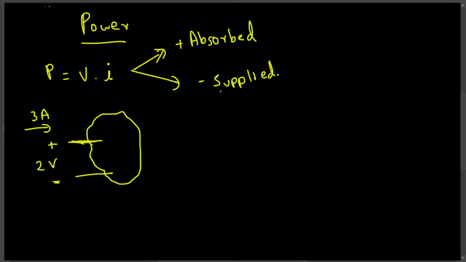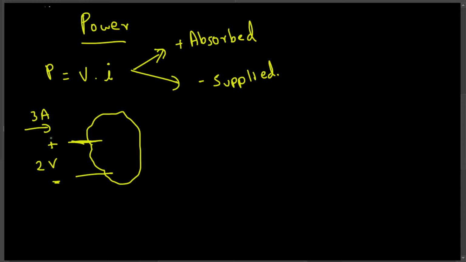If we have a positive current passing through the positive voltage, then we are going to get a positive value, that's absorbed. Let's say we have a positive value of current passing through the negative side of the voltage, then the power is going to be negative, so it means it's supplied.